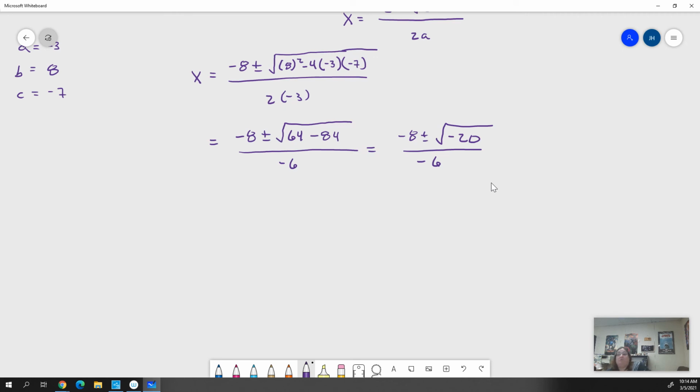Now, if you remember a while back, a square root means that we multiply something times itself, right? But we can't multiply anything times itself and get a negative. If I multiply, say, negative 4 times negative 4, I get positive 16. If I multiply 4 times 4, I get positive 16. Nothing would make a negative under a square root. So if you remember correctly, we pulled it out as something else.